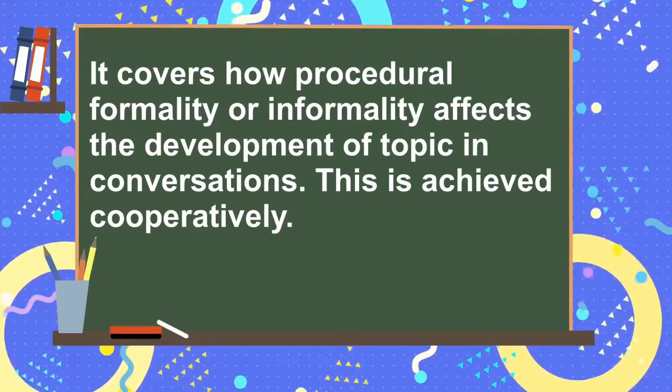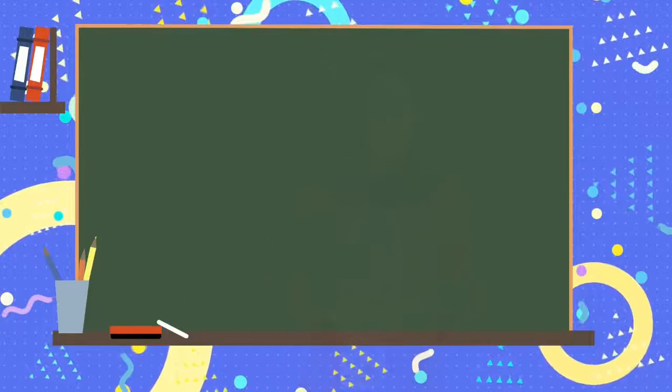This is achieved cooperatively. When a topic is initiated, it should be collectively developed by avoiding unnecessary interruptions and topic shifts. You can say yes, okay, go on, or ask tag questions to be actively involved without dominating.